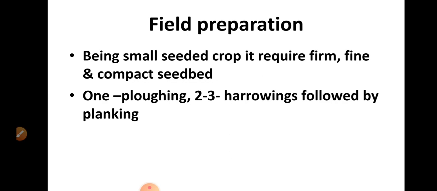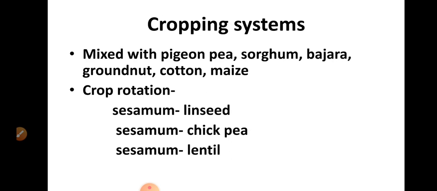Okay, let's move to the next part, cropping system. So we can mix this crop with pigeon peas, sorghum, bajra, groundnut, even with cotton and maize also. We can cultivate this crop as a mixed crop also, or we can cultivate this crop with the same crops as an intercrop also.